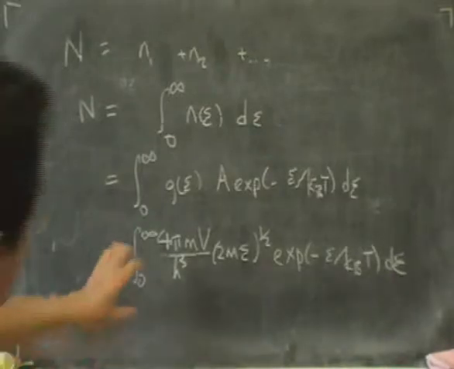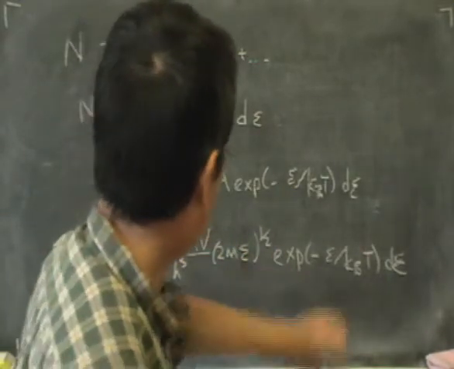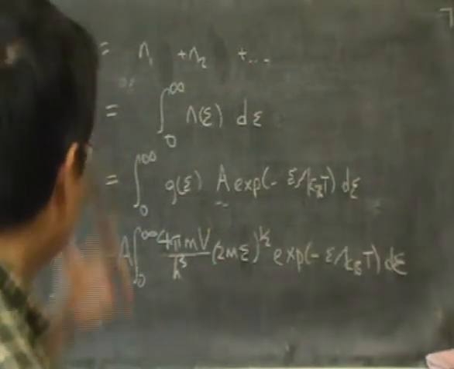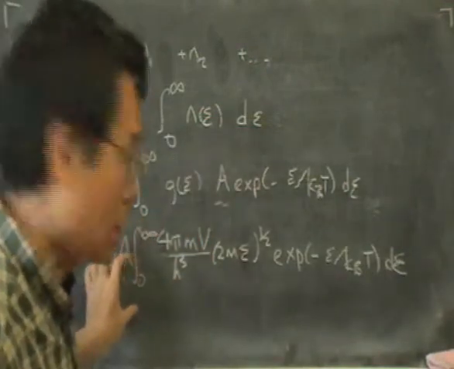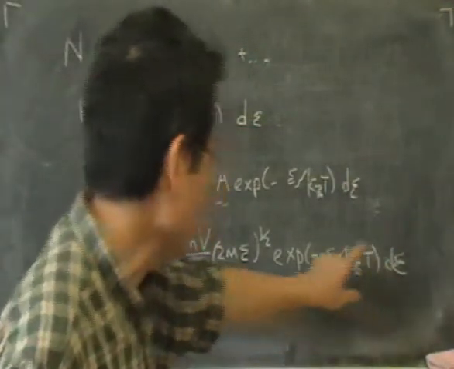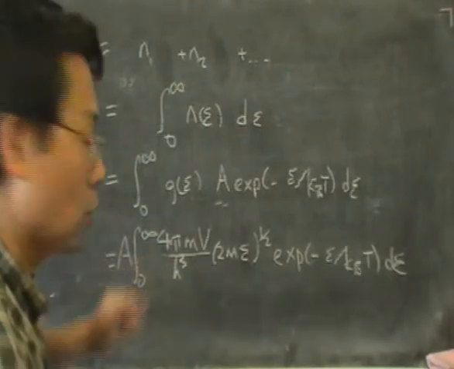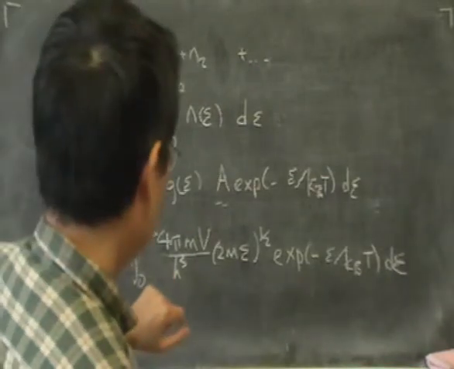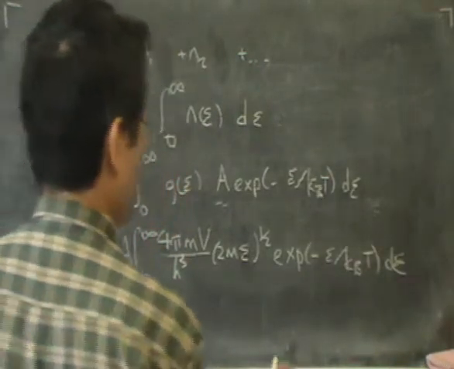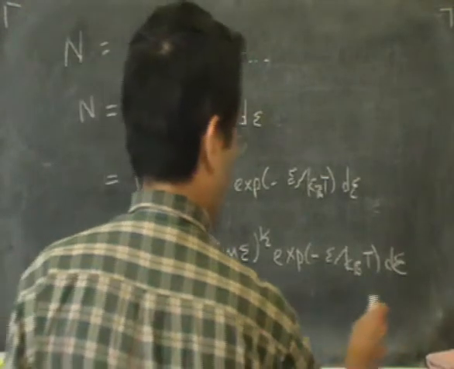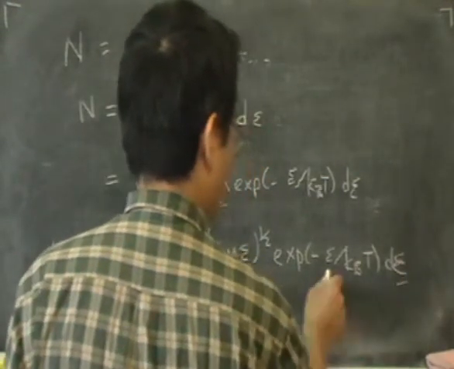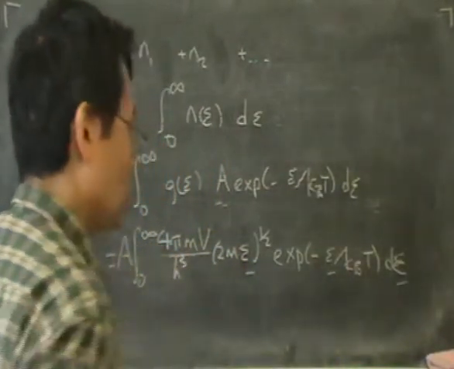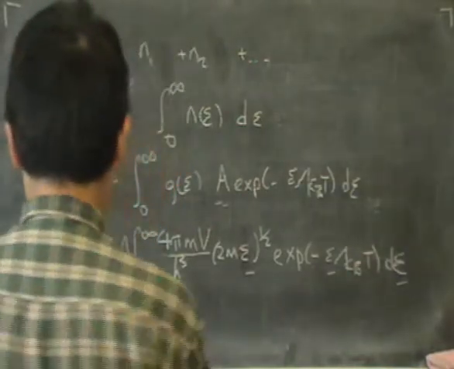So this is g(E), and these are the rest, and we have an additional factor of A that we need to worry about. Since A is a constant, I'll take it out. Now if we can integrate this expression, we can then solve for A. In order to integrate this expression, notice that it is with respect to E, and we have an E there, and we have an E square root there. All the other terms are constants. So let's see how to integrate this.